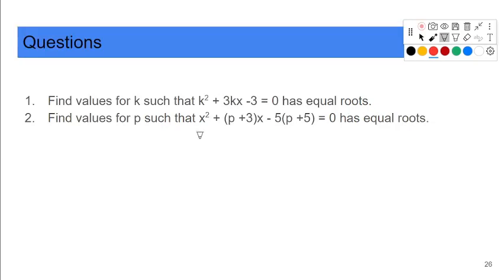Alright, so this second one, I really hope this one works out. Oh geez, I don't want another one that doesn't work out properly. Find values for p such that x squared plus (p plus 3)x minus 5 times (p plus 5) equals 0 has equal roots. So it's the same principle here.